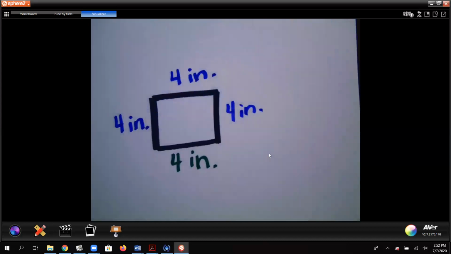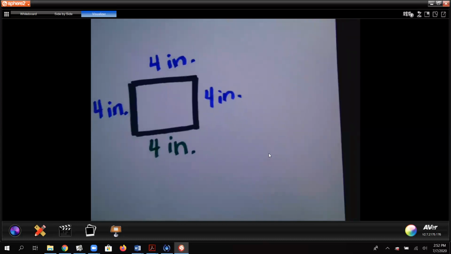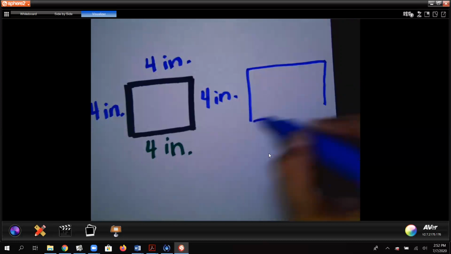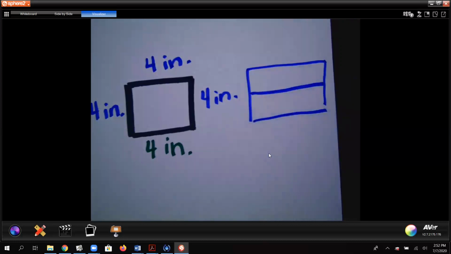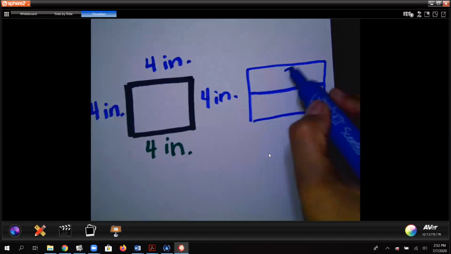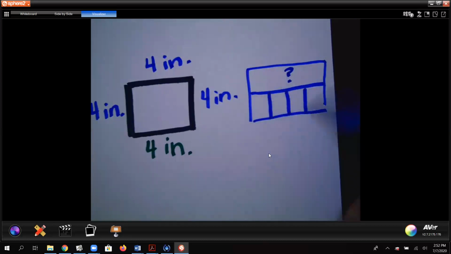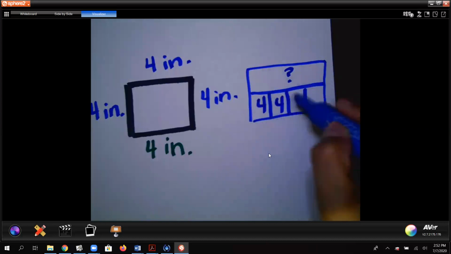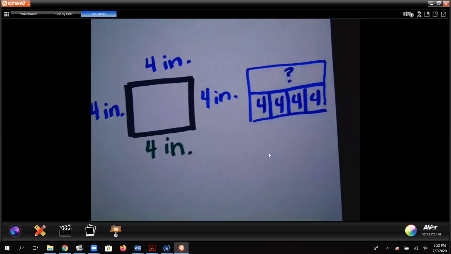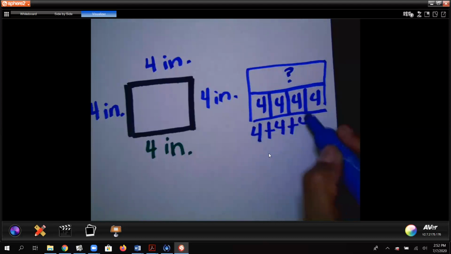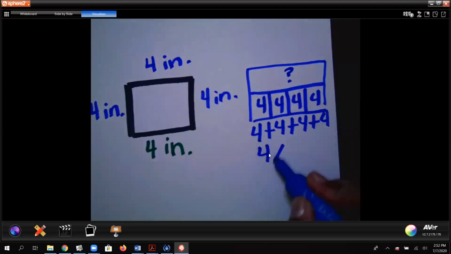I always tell my students, whenever you're working with perimeter, use a part-whole. That will help us determine either the missing side lengths or the whole. In this particular case, they're asking for the whole. We have 4 sides, and they're all 4 inches. So we can either use repeated addition, 4 plus 4 plus 4 plus 4, or we can do 4 times 4.